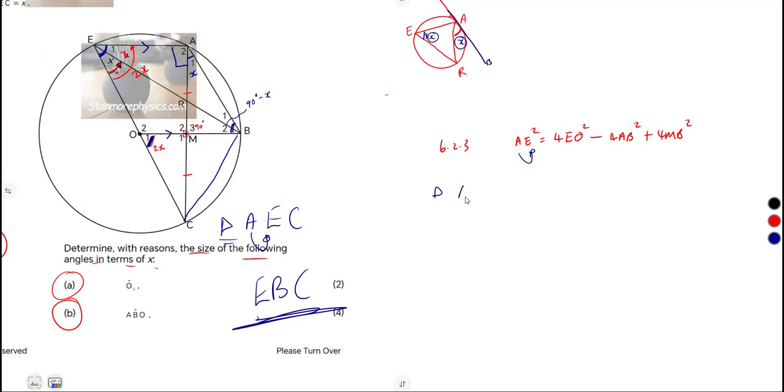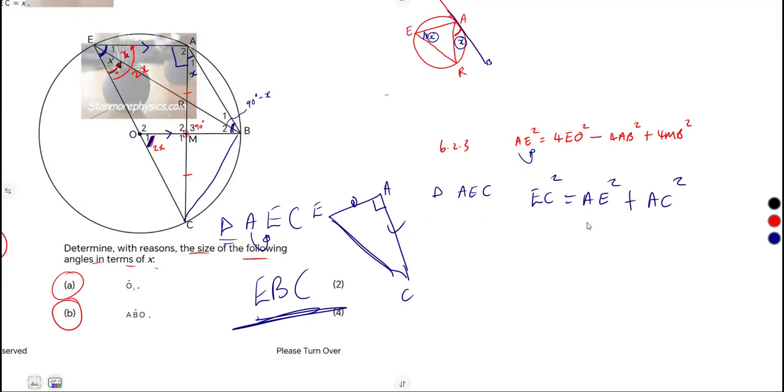In that triangle AEC, it's a right angled triangle, so let us apply our Pythagoras theorem. It is right angled at A, so the hypotenuse EC squared is equal to the sum of the squares of the shorter sides, AE squared plus AC squared.